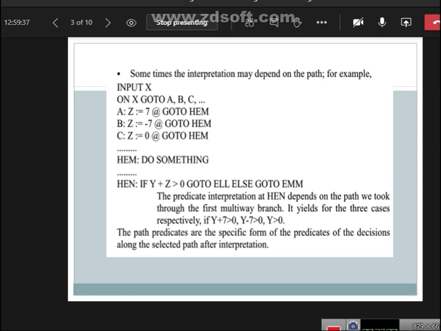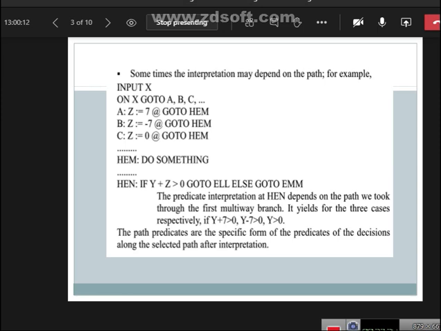If we apply y plus 7 greater than 0 in that statement HEN, then the z value becomes 7. Here they substituted the value of z. In case of z value 7 this is the condition, in case of z value minus 7 this is the statement.